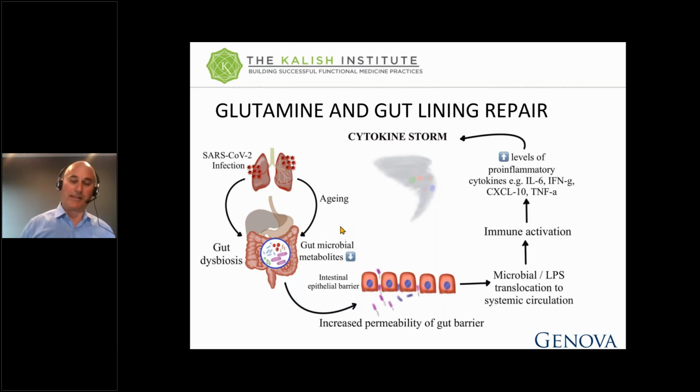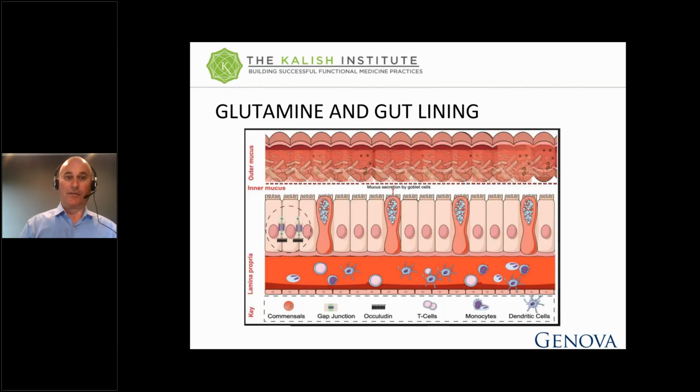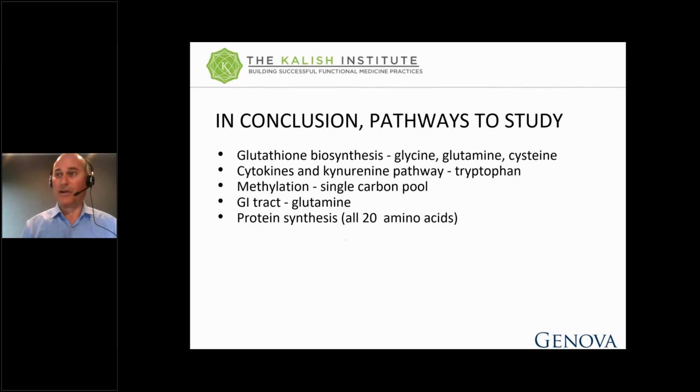If you get COVID, the outcomes for your gut are not so great. It can work either way. And of course, glutamine is the one that we're primarily thinking of there in terms of gut lining repair for the intestinal barrier. And a lot of patients that I've been seeing in my practice lately are suffering from either new gut problems that they never had or old gut problems that have come back since they acquired COVID.